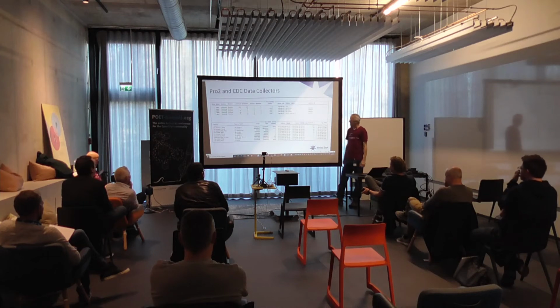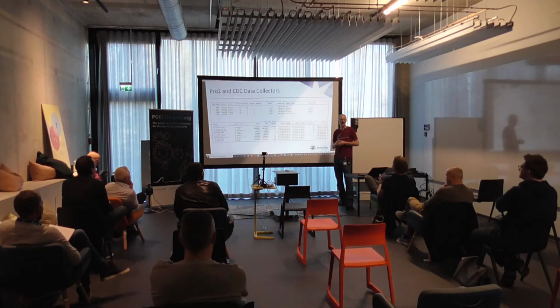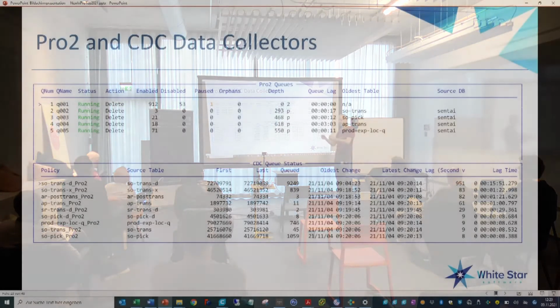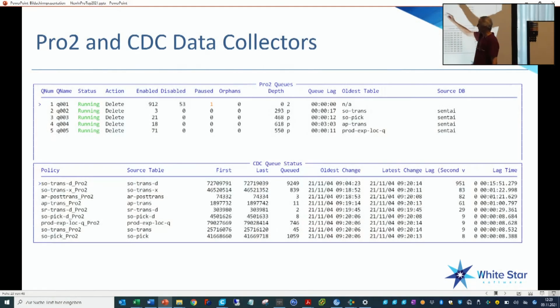Anyway, if you have Pro2, one of the things that's very interesting to keep track of is how far behind you are. Because you're usually a little bit behind in terms of the replication. You know, you've got the data that's changed, it's working its way through the queues, and you want to know how deep the queue is and what your lag time is. So that's something that people often keep track of. It's good to have a data collector that can go out there and tell you that information.